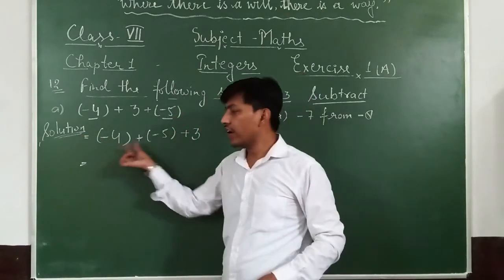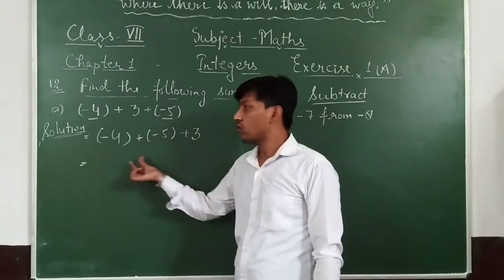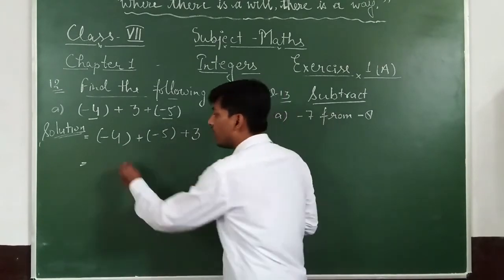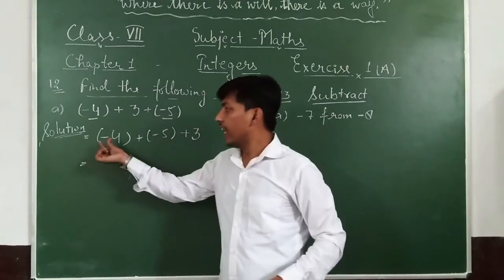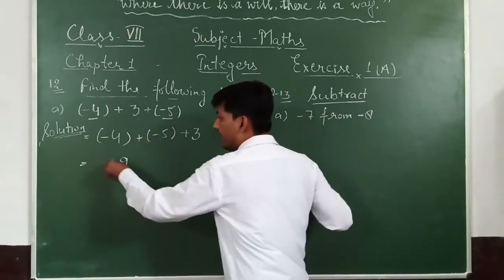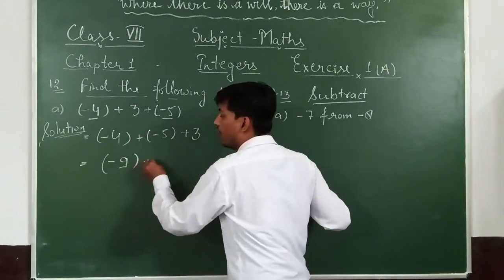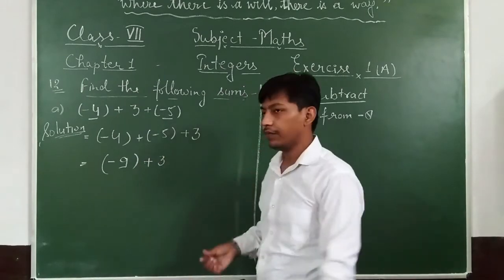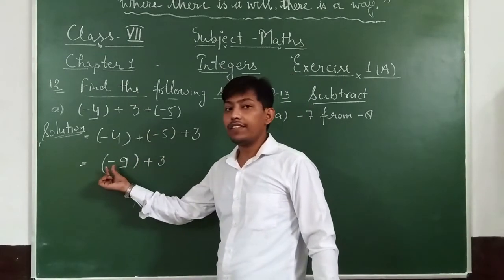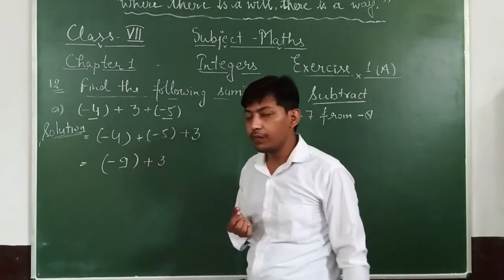Here minus 4 and minus 5 both are negative, so add them. 5 plus 4 is 9. But they have a negative sign, so put a minus sign before 9. Now we have minus 9 plus 3. Here one is a negative integer and one is a positive integer.